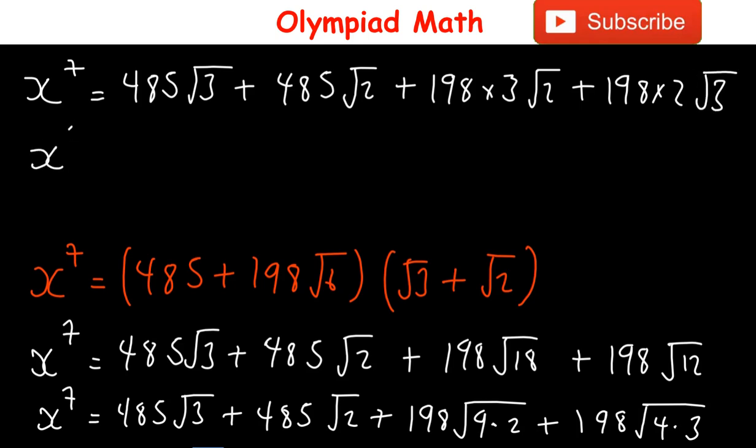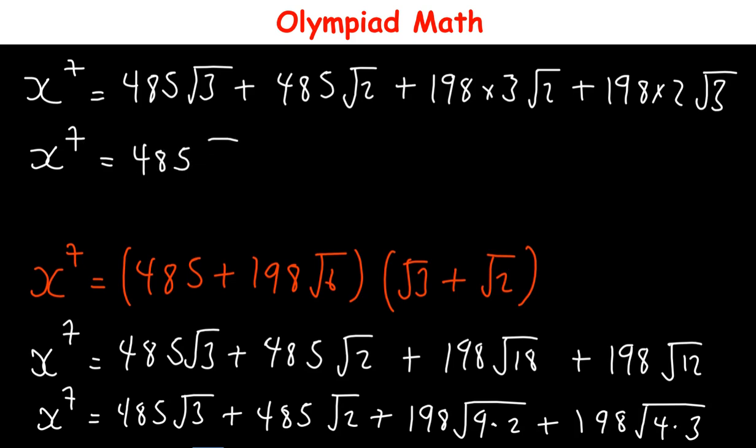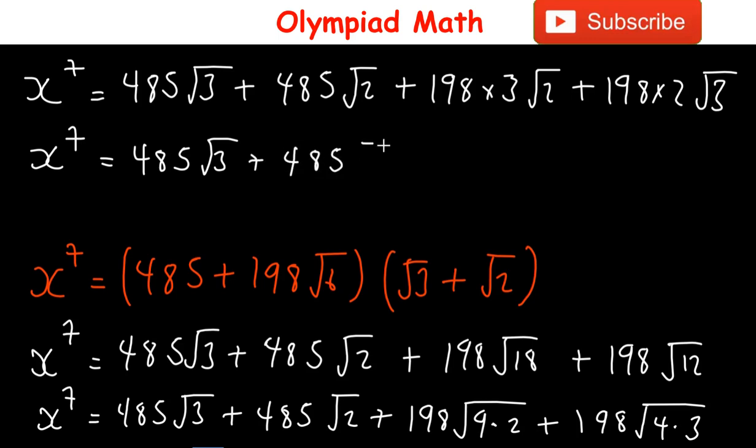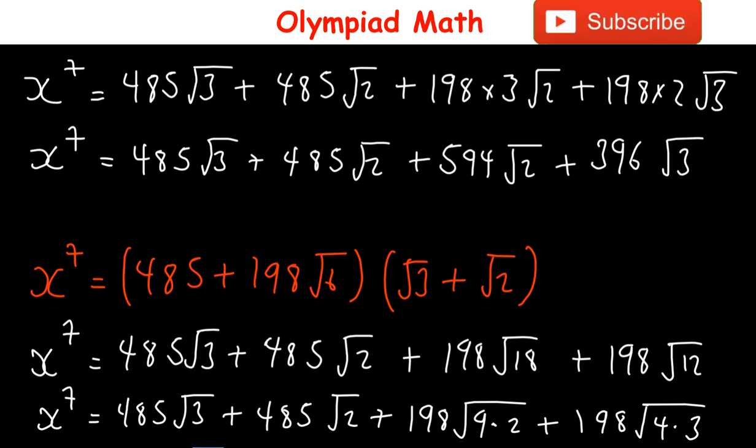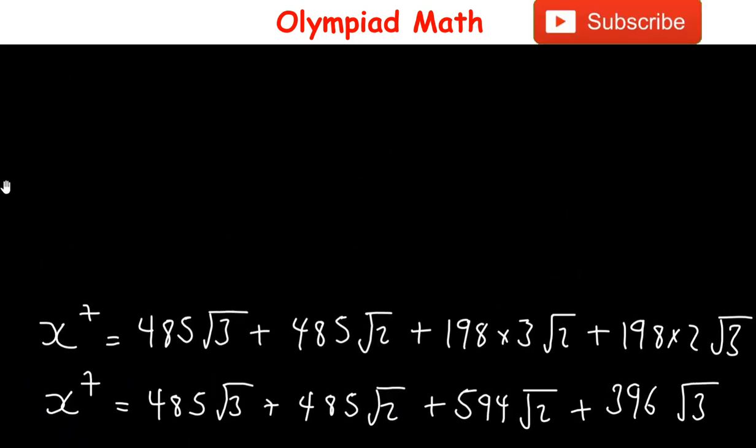Next, x raised to power 7 is then equal to 485 times root 3 plus 485 times root 2 plus 198 times 3 is equal to 594, then times root 2, plus 198 times 2 is 396, then times root 3.